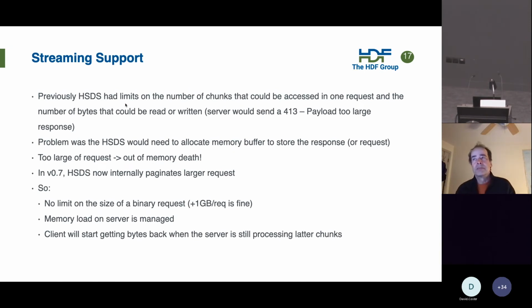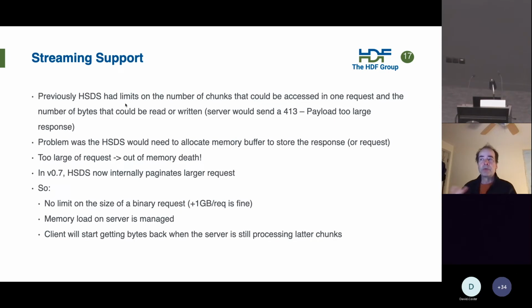Next, I want to talk about some other new features, one of which is streaming support. Since it was started, HSDS has had a limit on how many chunks could be accessed per request and how many megabytes could be read or written per request. The reason for this was that when HSDS was processing a request, it had to allocate memory to store the response or the input data.